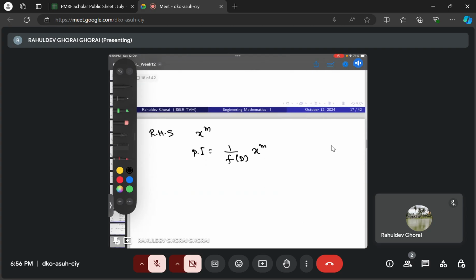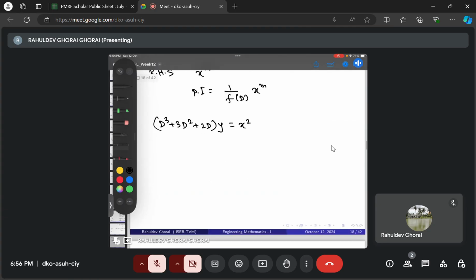Let's say you have to find d cube plus 3d square plus 2d times y is equal to x square. I will explain the method by taking this example. Here in this case we are interested in the particular integral, because the other one, the homogeneous solution for the homogeneous equation, is very easy. So that's why I put it like this.